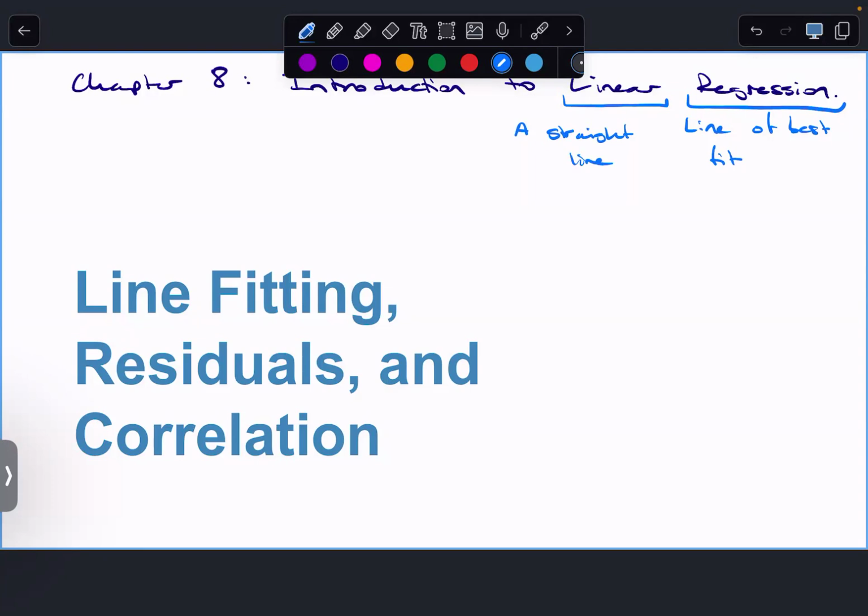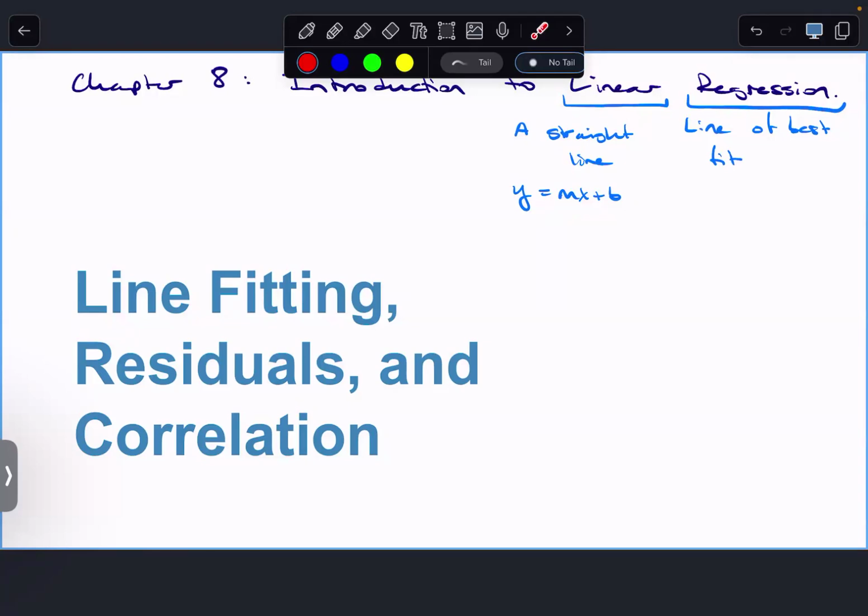You might think back to y equals mx plus b. Maybe it doesn't ring a bell, but it is the equation of a straight line, where we've got some slope m and some y-intercept b.